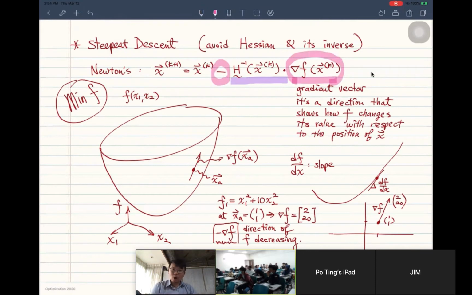Newton's method is also trying to move along the direction of negative gradient. But Hessian is there to change the direction a little bit. So Hessian helps you to change the direction of the negative gradient, and it's derived from Taylor expansion. And when we use steepest descent, we don't have Hessian.